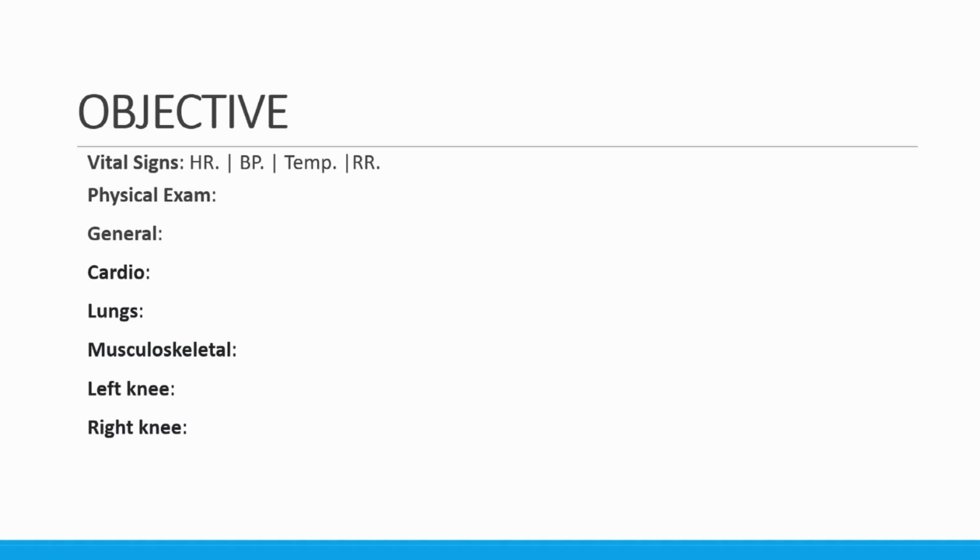Very easy, because if it's a very focused assessment and you're just going to evaluate the knee, you can basically evaluate the patient's lungs either by listening to the lungs, or if you're in a hurry, you can just see if the patient is in any distress, right? Or if he's just breathing normally and is non-labored. So you can be as brief as that, or you can actually go ahead and auscultate.